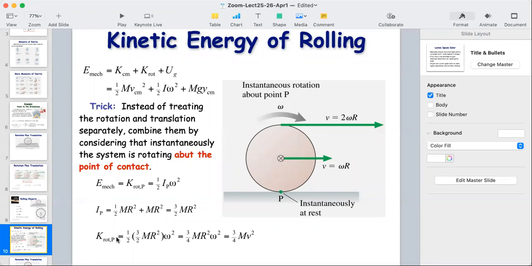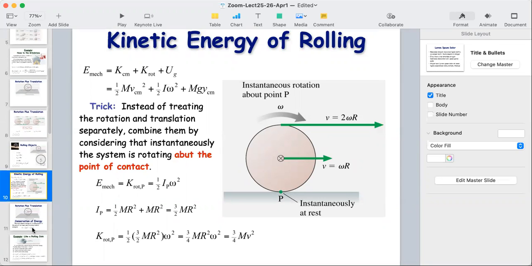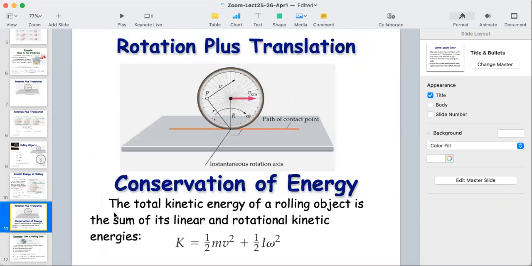Yes, this we already discussed. Let's move on. So for the conservation of energy, the total kinetic energy of a rolling object is the sum of the linear and rotational kinetic energy.